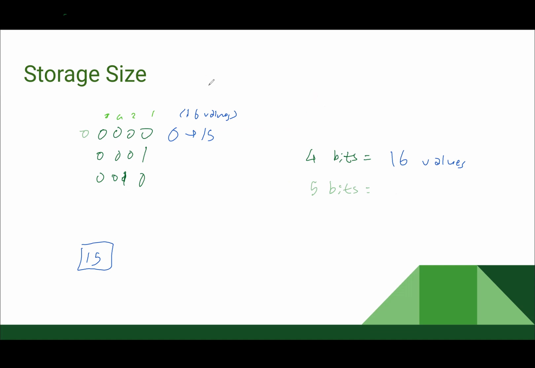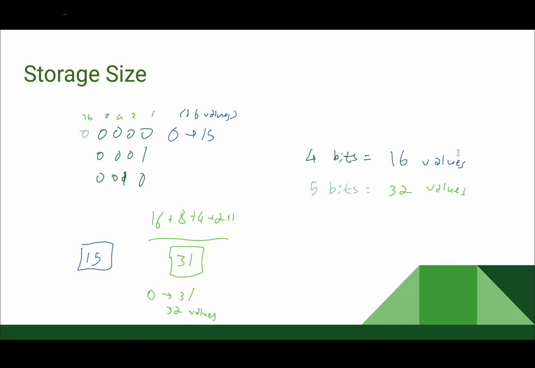Let's do that calculation. So I have 1, 2, 4, 8, and my next digit is the 16s place. So the biggest value I can store here is 16 plus 8 plus 4 plus 2 plus 1, which is equal to 31. So I can store any number between 0 and 31, which is a total of 32 values. So with 4 bits, I had 16. With 5 bits, I can store 32 values.